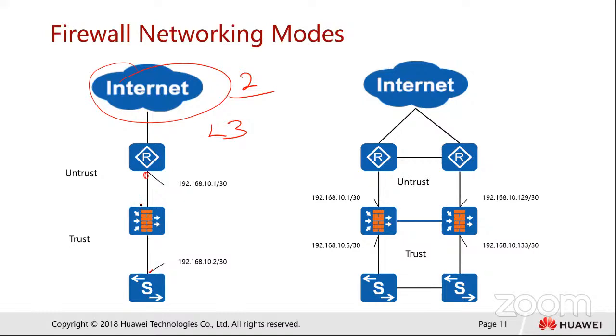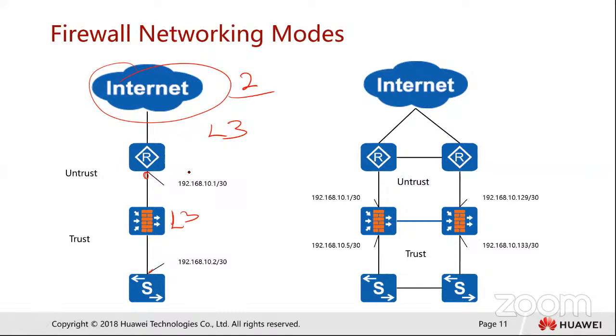And they can be in different network segments. And the firewall performs routing between the intranet and the internet like a router. So when you have a firewall, it can do the layer 3 functionality of choosing the optimal routes and also forwarding or routing our packets.